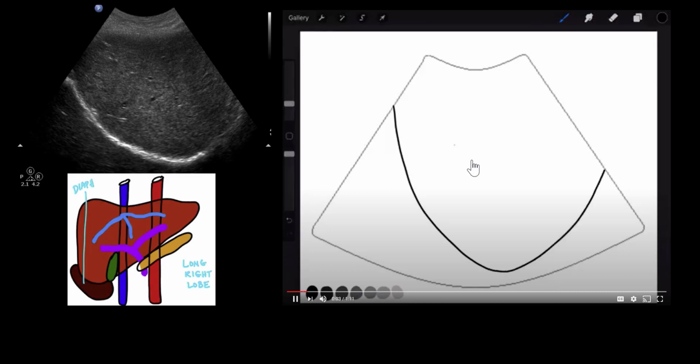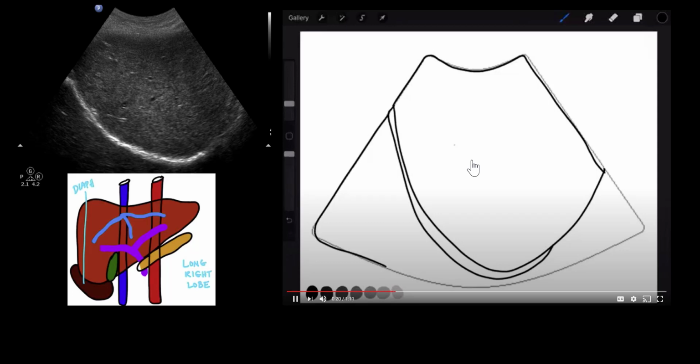Again, we are going to see the liver taking up a good portion of our picture. And our major landmark in this image is to see the diaphragm making kind of a backwards J shape. Again, we're going to see plenty of the diaphragm superior to the liver, and also see how it wraps on the posterior side of the liver.